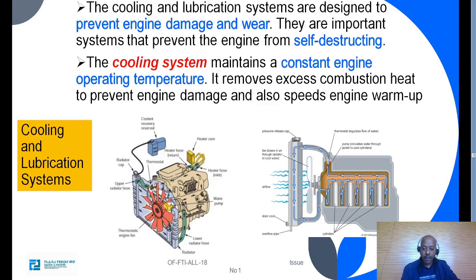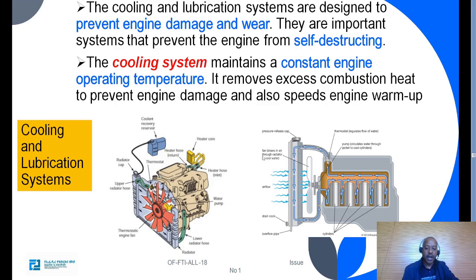So the cooling system can be seen in this picture. We can simply understand the different components of the cooling system. Here we have a reservoir, and this is the radiator and the fan, and also the line, the hose, the upper and the lower hose.